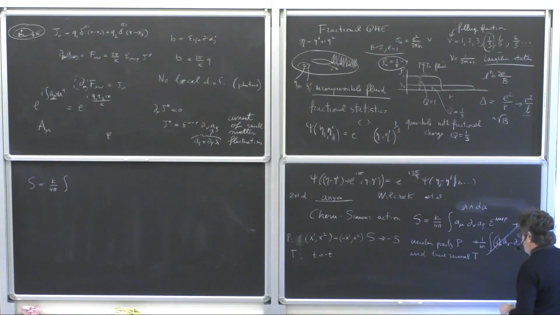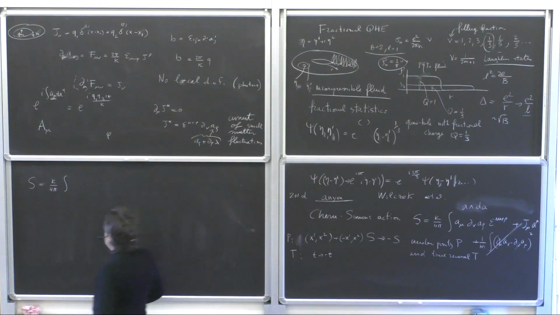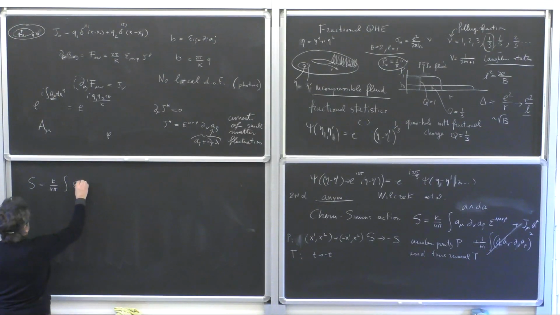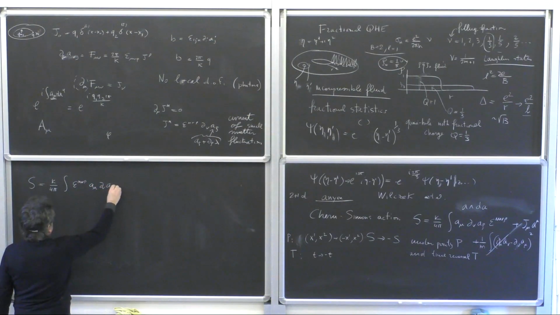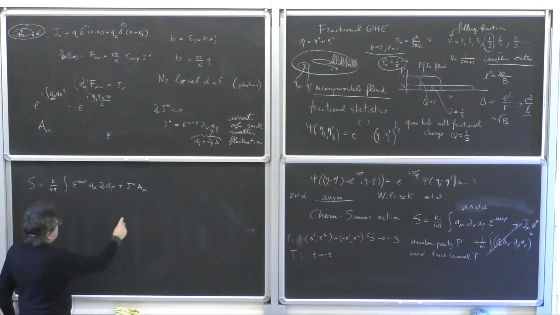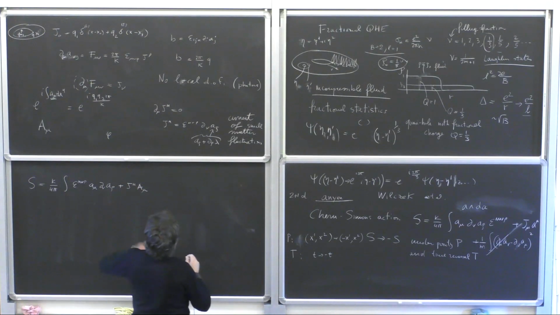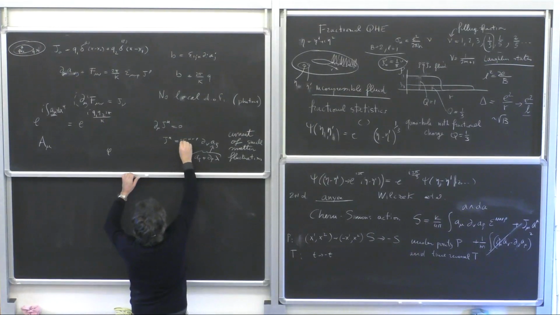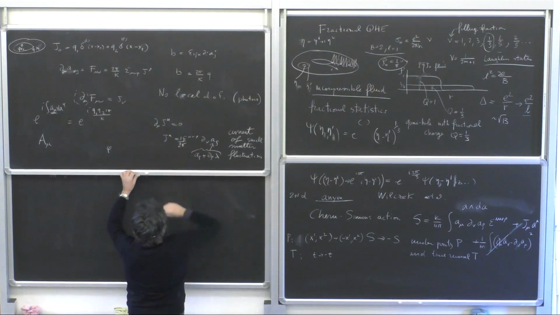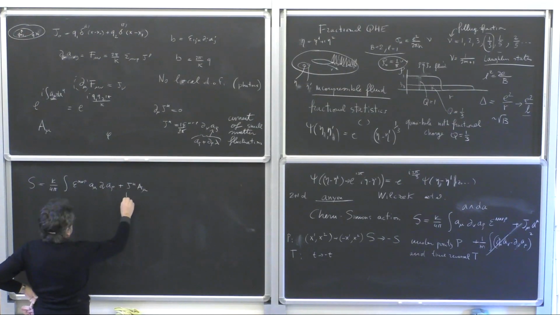But let's keep the standard form, just not to confuse ourselves. There was a 1 over 2 pi missing here; for convenience, we put a 1 over 2 pi here.